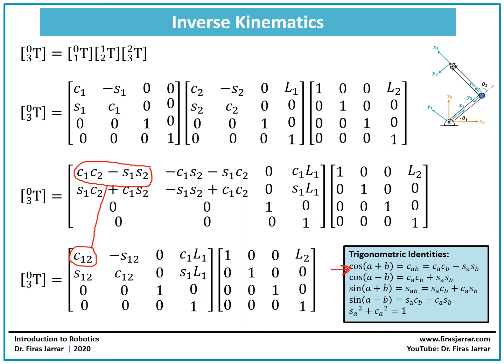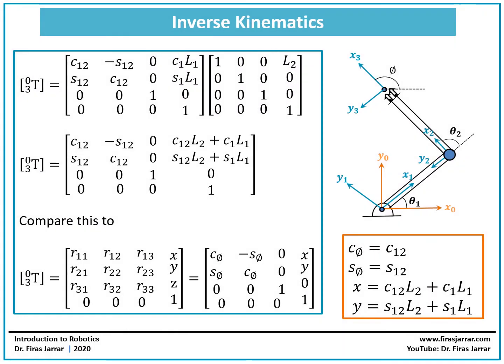Then we have to multiply these two matrices to get the final result for the transformation matrix of frame 3 with respect to the base frame. Conducting the multiplication of the two matrices will finally give me the result of the forward kinematics, which is the transformation matrix of frame 3 with respect to frame 0.